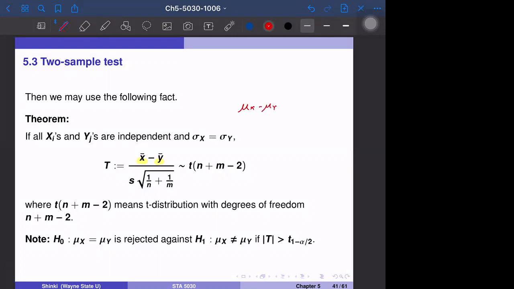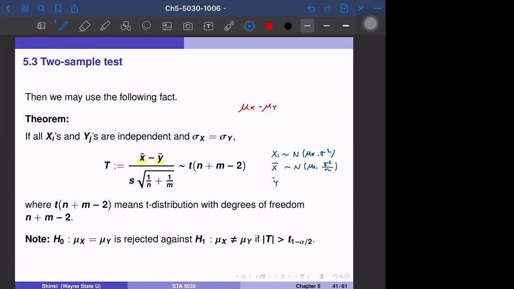But the second important quantity is the variability of x bar and y bar. If xi follows normal mu x, sigma square, then the sample mean of x follows normal mu x, sigma square over n.